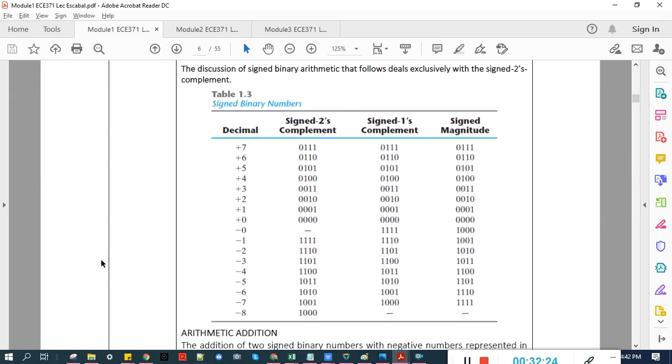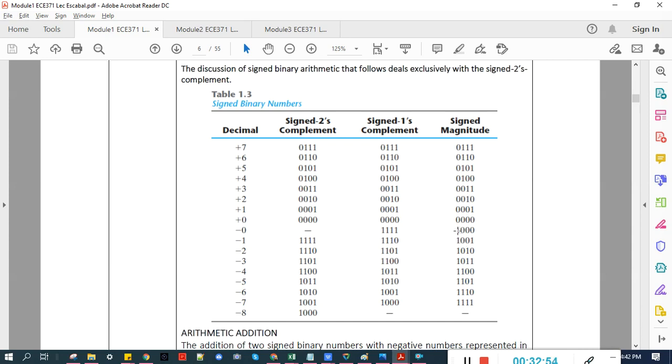Let's check table 1.3 for examples. For the signed magnitude, it's easy. From 0 to 7, we just copy. A 0 in the leftmost bit indicates that it is a positive number.